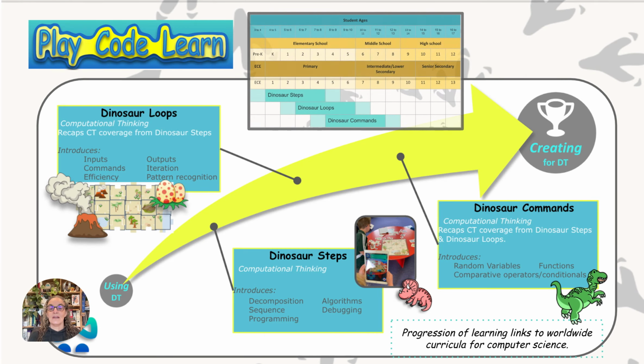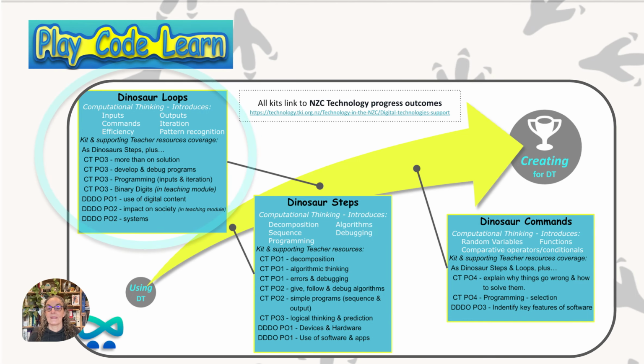So like we said, we have 3 kits in the series. Today we're going to be focusing on Dinosaur Loops. Each kit has sequential progressive learning as they work through the series. So in particular, you can see that we've identified the computational thinking and 3DO, designing and developing digital outcomes, progress outcomes from the curriculum here.